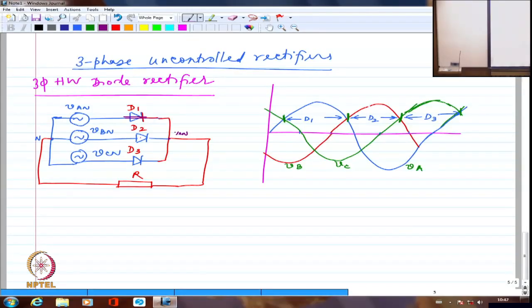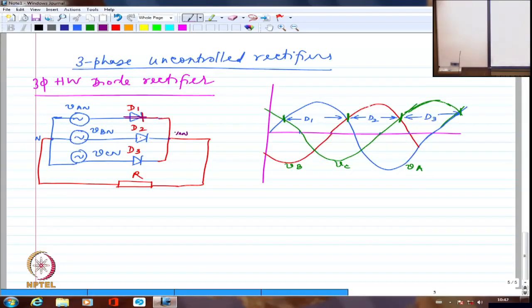Whenever I am going to have D1 conducting and A phase voltage is the maximum at that point, automatically the other two diodes are eliminated. They are not going to be able to conduct anymore. Whereas at this point, because D2 now has the maximum value of voltage, again the same logic holds good.